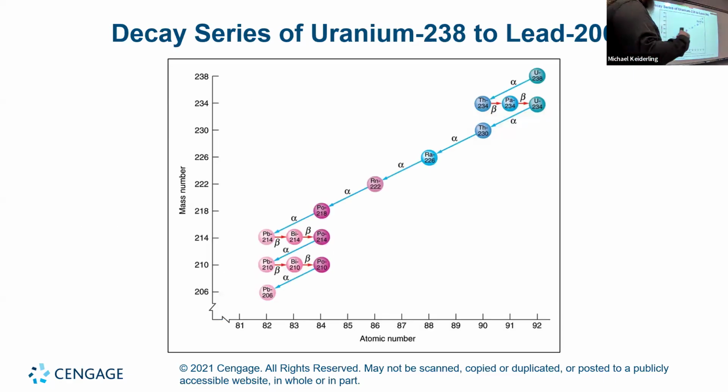So here, for example, is the decay series for lead from uranium-238 to lead-206. So it starts at uranium-238, becomes thorium-234, then Pa-234, then uranium-234, which then decays to thorium-230, then radium-226.